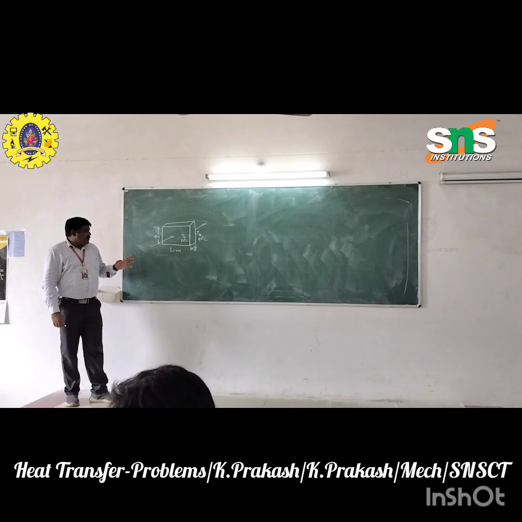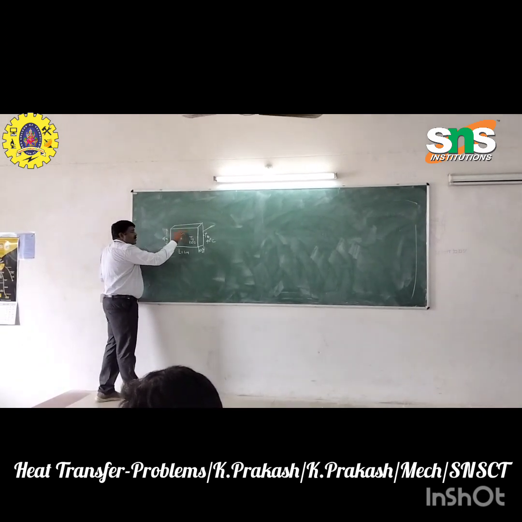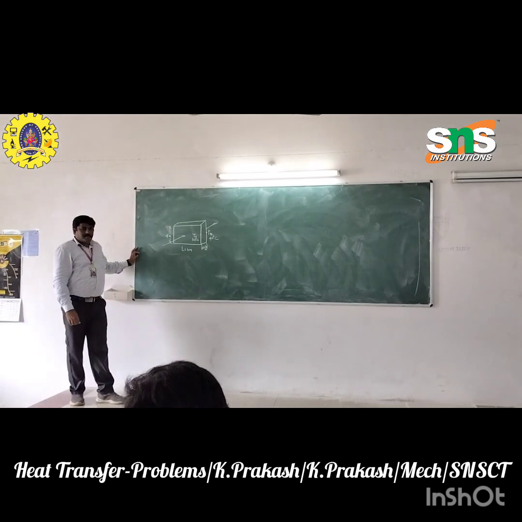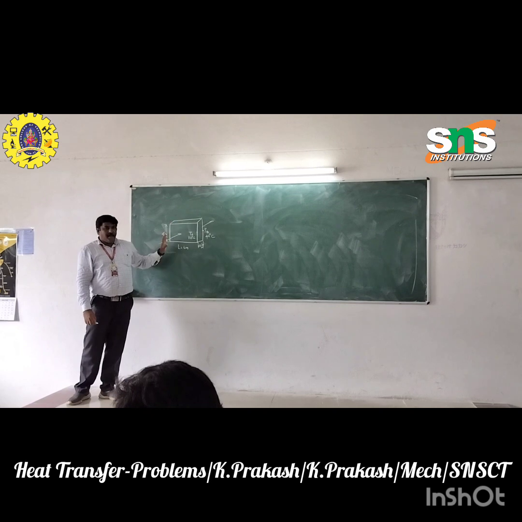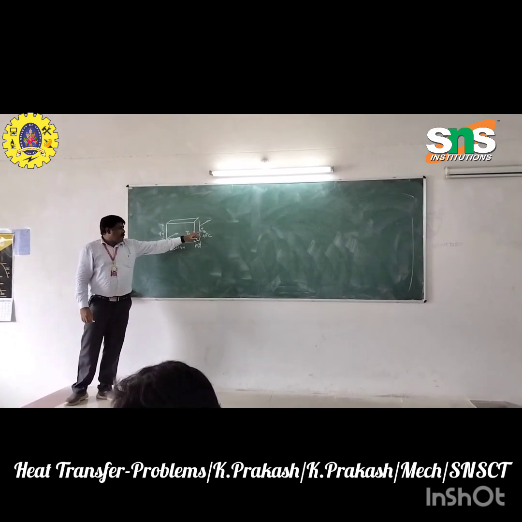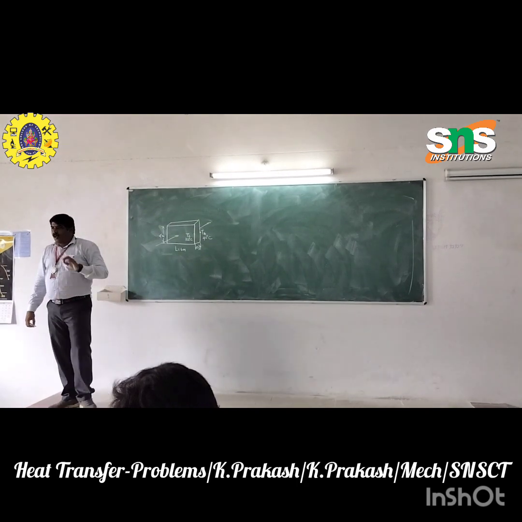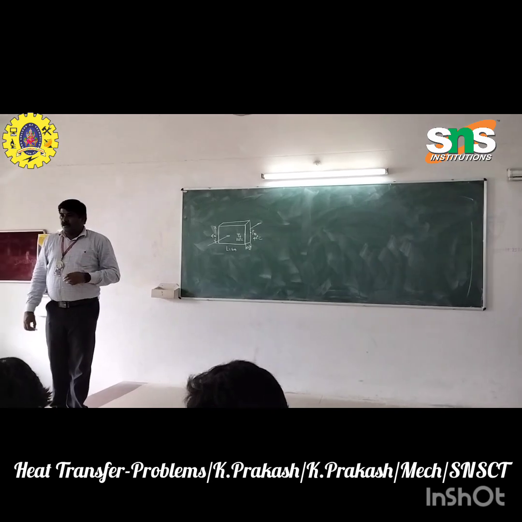Now they are asking how much heat transfer is taking place in this condition. So this is the question. This is the dimension of a plate, and they have given the inner surface temperature and the outer surface temperature. They are asking to find how much heat transfer takes place through this plate.